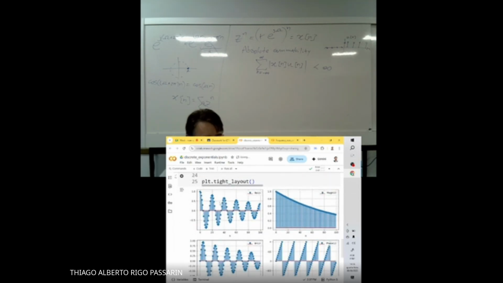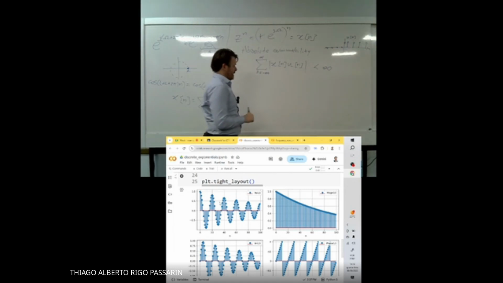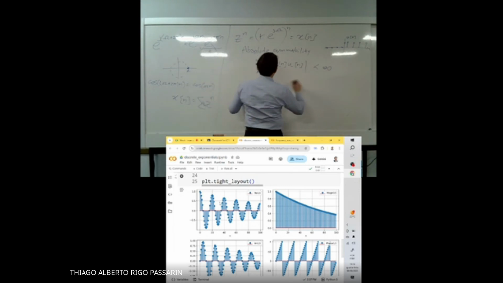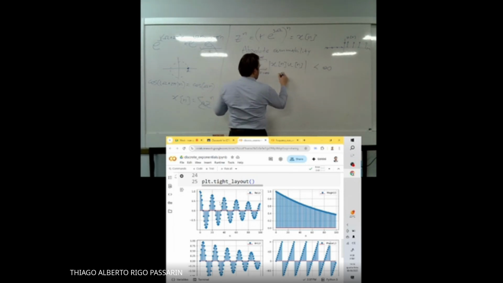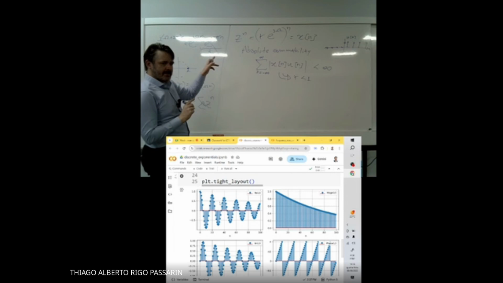Why is this exponential function decreasing? Because the radius is smaller than 1. So for this to be true, I need r smaller than 1. R is the absolute value of z, right?